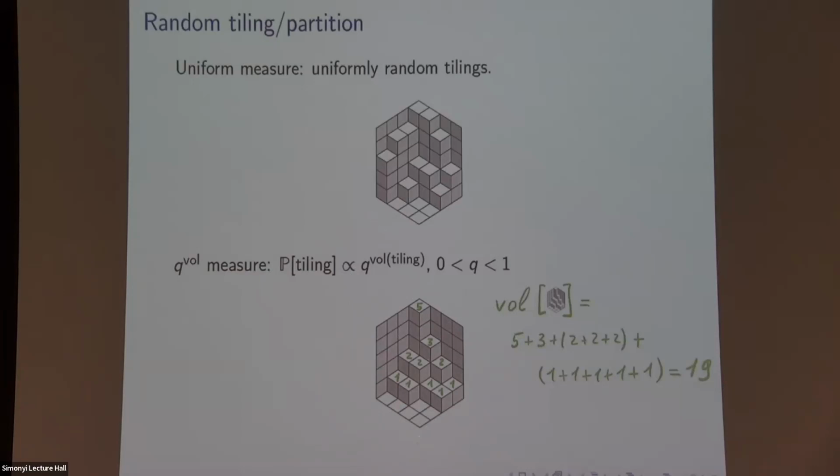And note that if I ask this parameter Q to be between 0 and 1, then this definition of the measure works well, even if I think about the infinite setup, if I don't force myself to live in a finite case. And if I think about Lozenge tilings of the whole plane with the boundary conditions which we described, then for uniform measure, there are some issues. So we're going to deal with the Q to the volume measure for tilings or partitions.